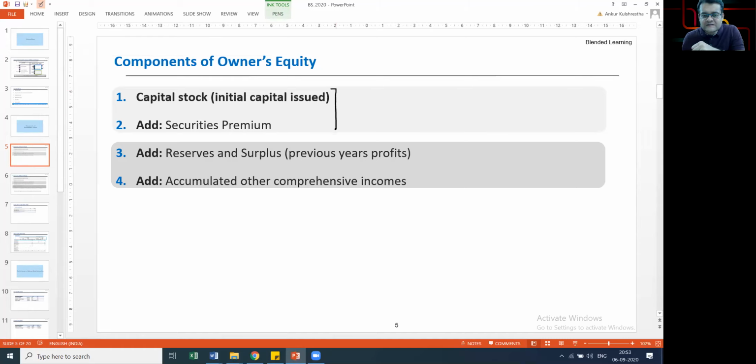Why am I clubbing one and two? What's the logic behind it? This is the money that comes out of the pocket of the shareholder. I remember doing a case with you wherein we said 162 is the total value given by the shareholder at the beginning of the year, which became higher by 194 to become 356.